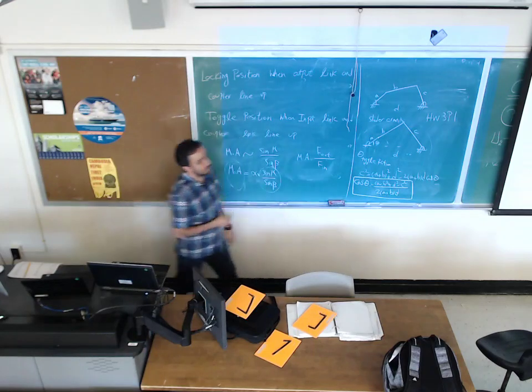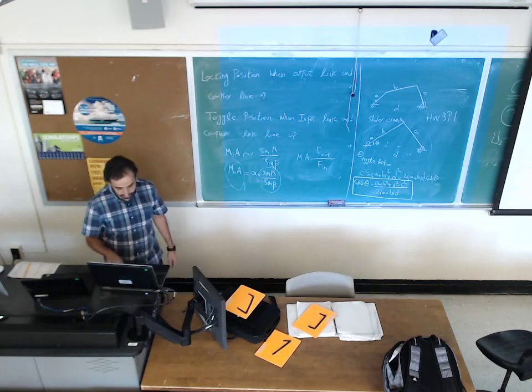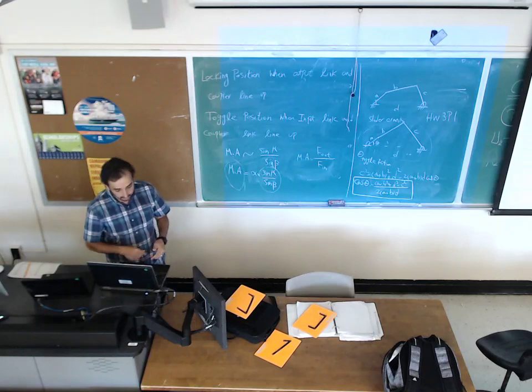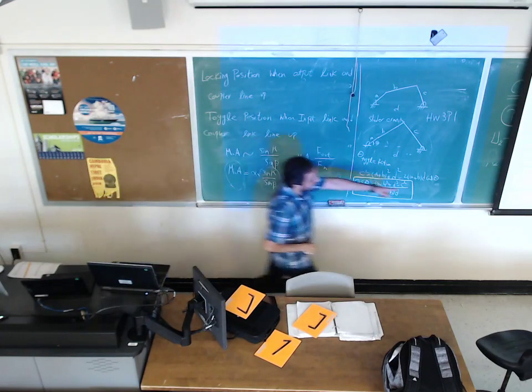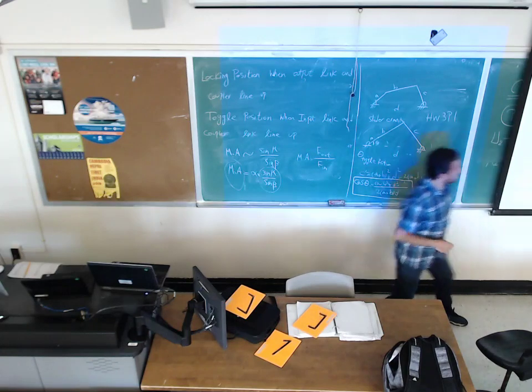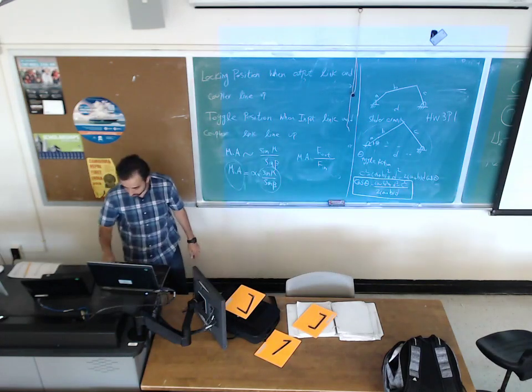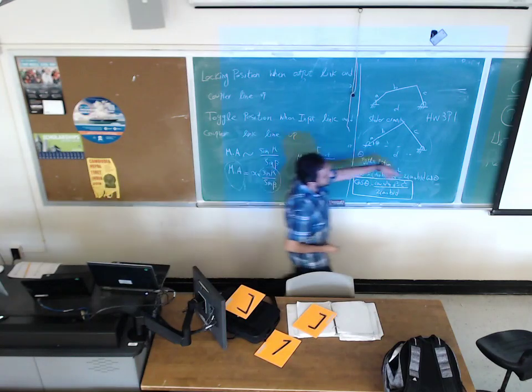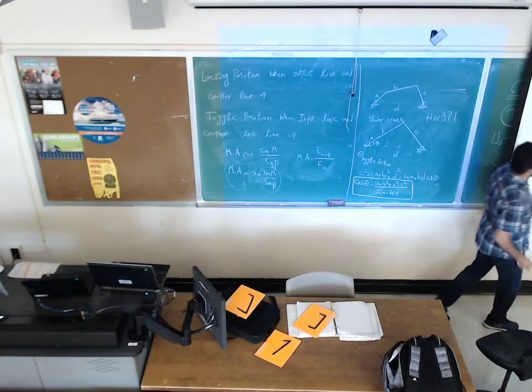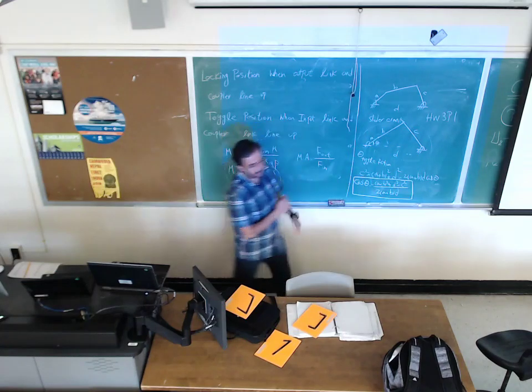I'm just typing ACOSD 0.5. It's going to give me 60. If you forget about D and type ACOS 0.5, it's going to give you the angle in radians. 60 degrees in radians is going to be 1.047.